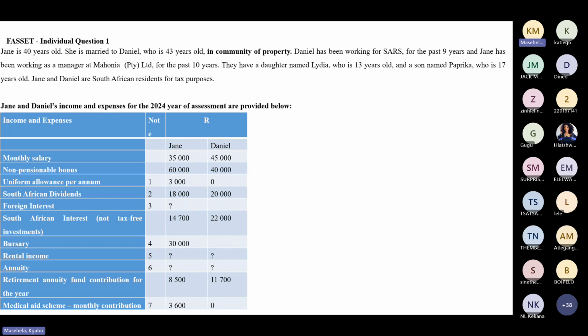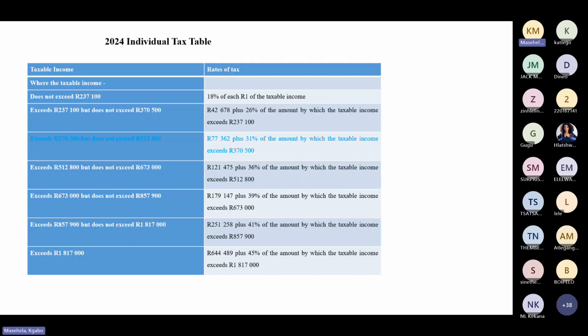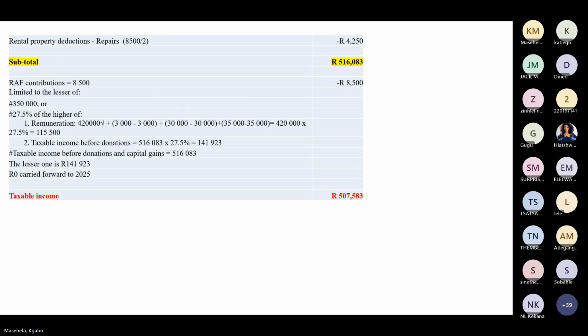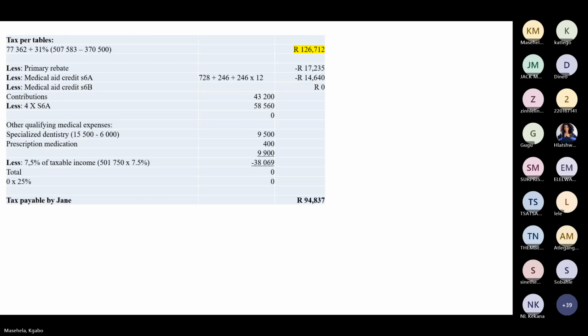Nompumelelo says it was a mistake. Okay, let's continue, guys, quickly. I want to increase this. Okay. Can you see, guys? Can you see my screen? Just type in the box. Oh, thank you, guys. Yes, we were here.